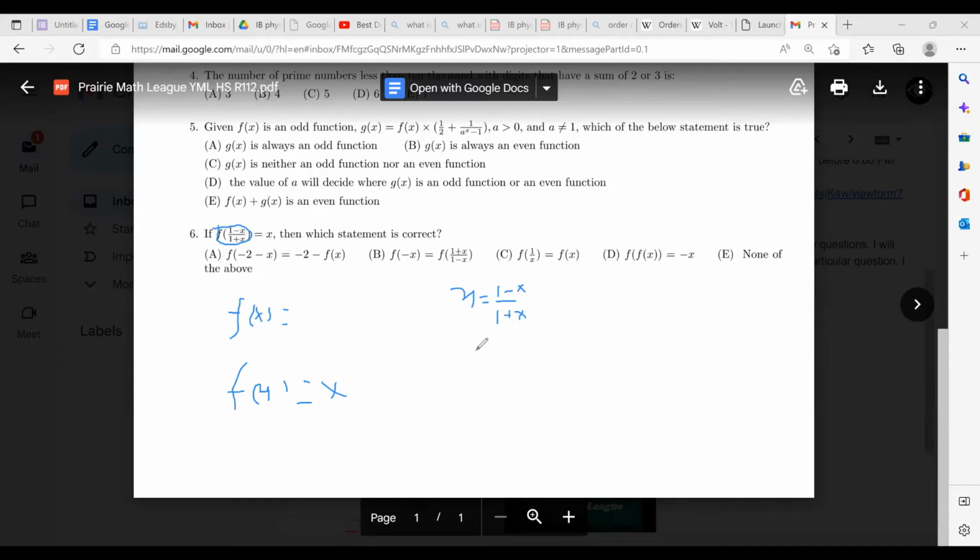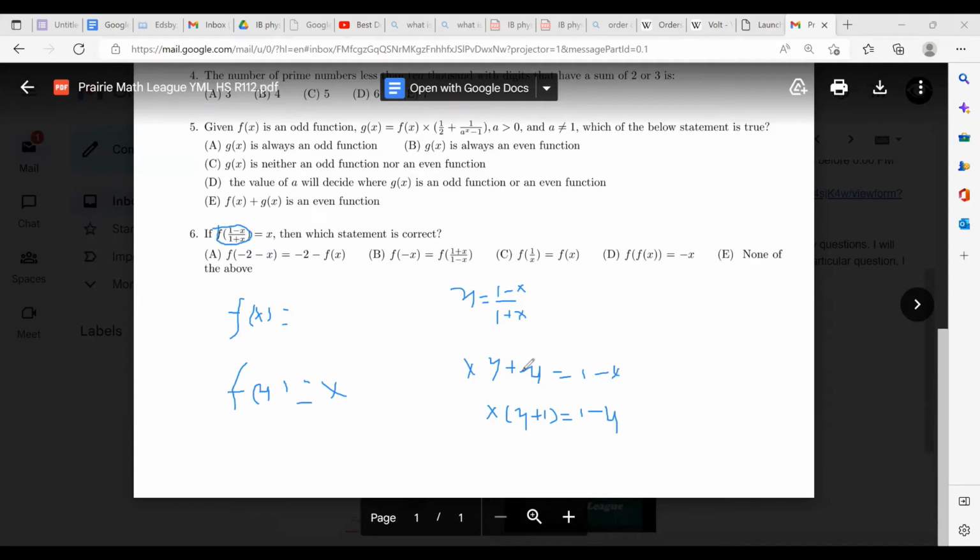So we multiply both sides by x plus 1. So xy plus y is equal to 1 minus x. So x times (y plus 1) is equal to 1 minus y. Hopefully you're following along. This 1 comes from the negative x here.